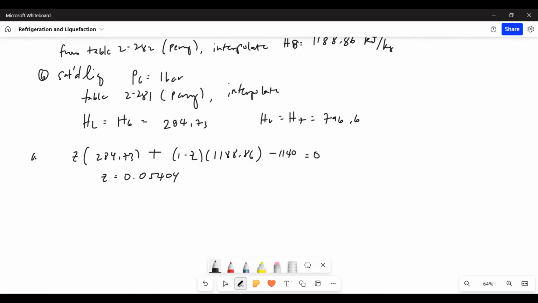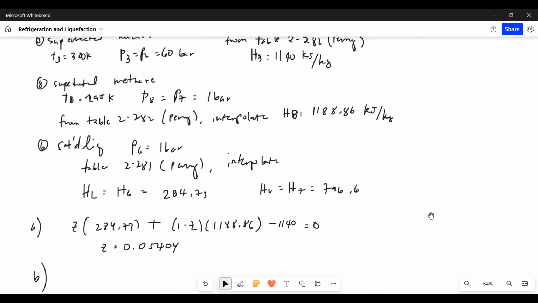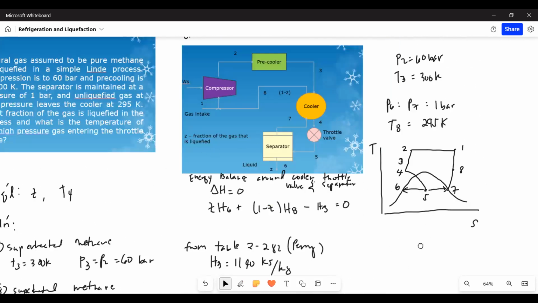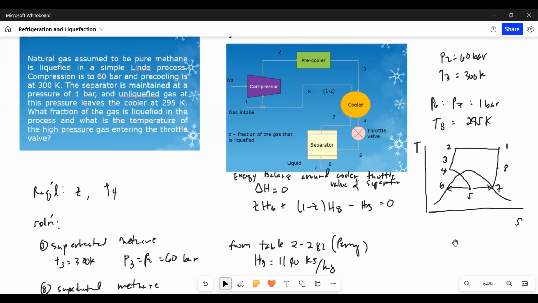So letter B, we're being asked for T4. T4 is the temperature entering the throttle valve.